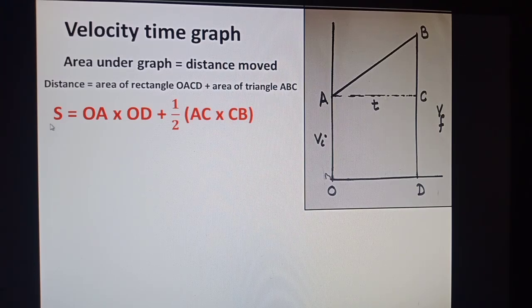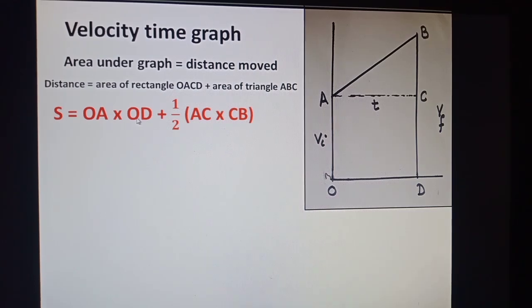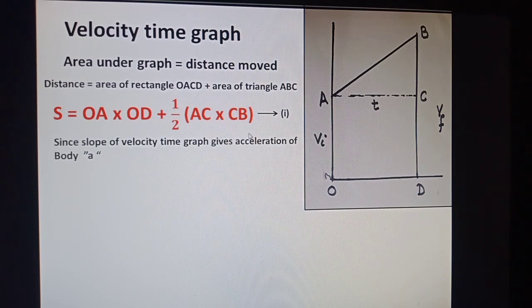Mathematically, distance is represented by S. So, S equals OA multiplied by OD, the formula we use to find the area of a rectangular shaped object, plus half AC multiplied by CB, the equation we use to calculate the area of a triangular shaped object. So, we add the area of a rectangle plus the area of a triangle to get the whole area under this velocity time graph.